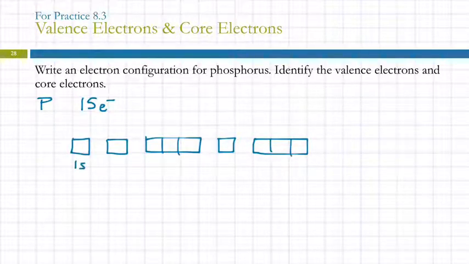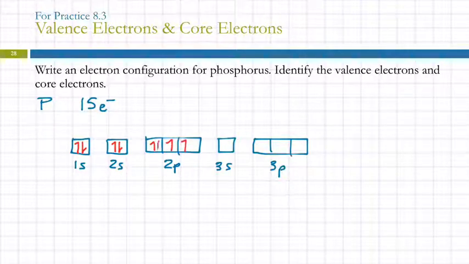There's 1s and 2s and 2p and 3s and 3p. Up to this point, things are following the regular order. There's no interaction here. So 15 electrons, let's stick those in. 1, 2, 3, 4, 5, 6, 7, 8, 9, 10, 11, 12, 13, 14, 15.